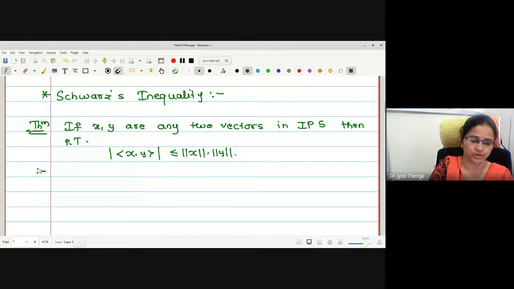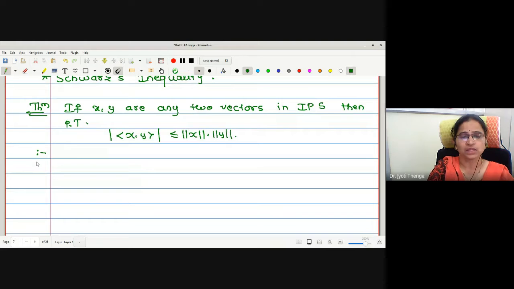Before that, let us go for the proof of this one. The proof of this inequality we give in two cases only, y equal to 0 and y not equal to 0. Now one may have a question, why only two cases? Because as we have two variables, we would have four cases, no?